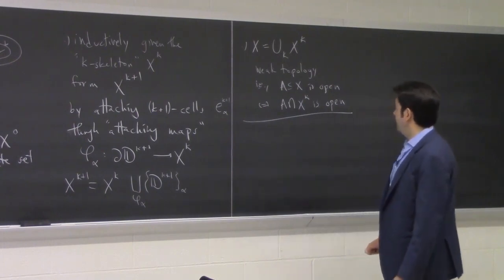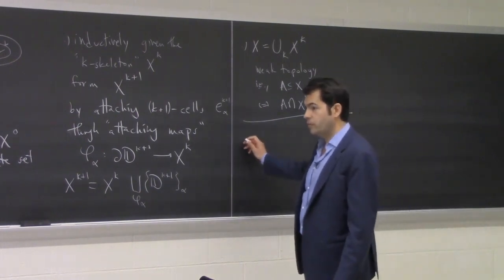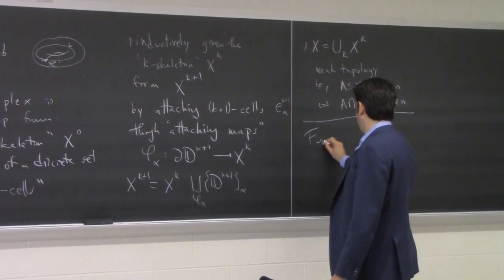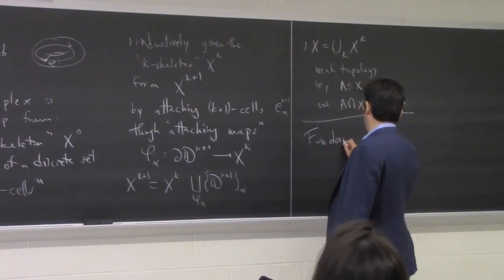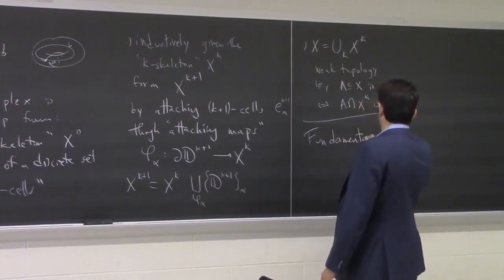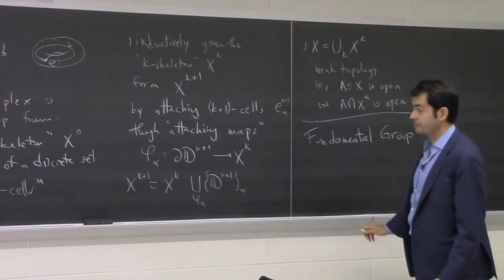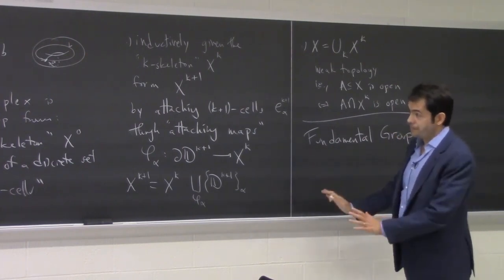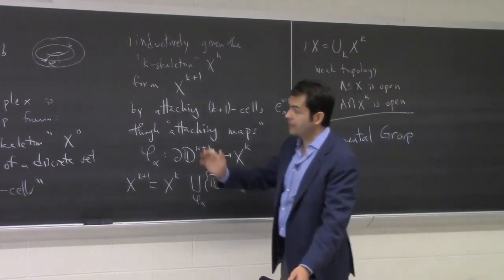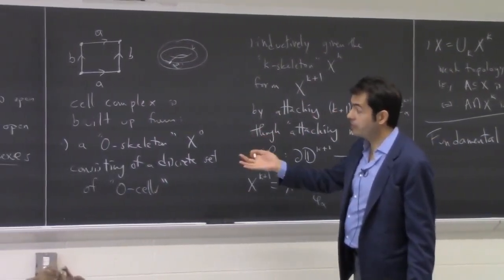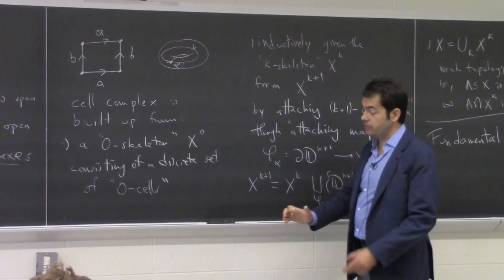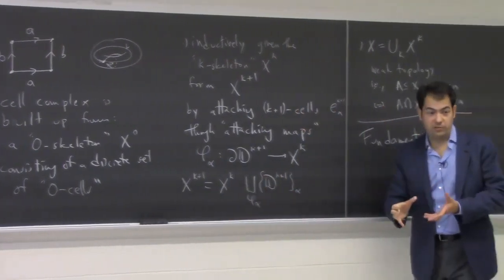Okay. Excellent. So we can move on to the first real topic of the class, which is the fundamental group. Going back to our motivation, we want to detect holes in a space.